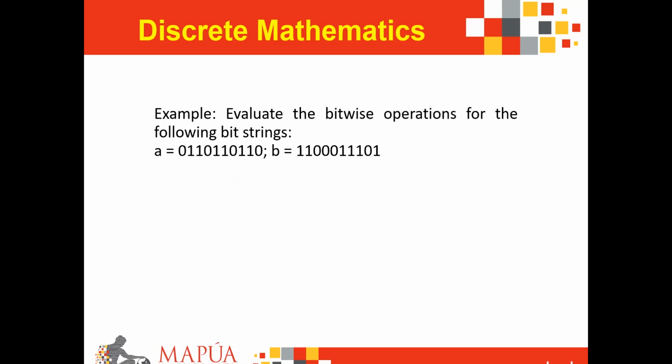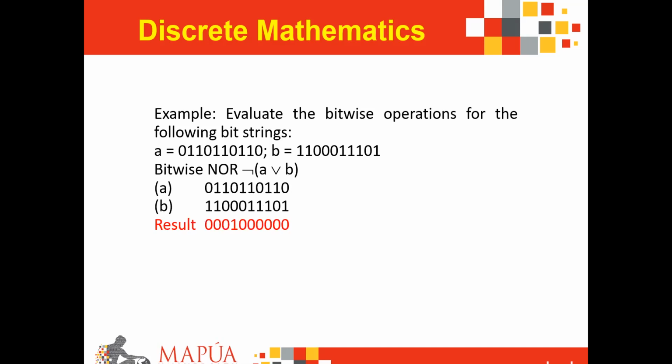In return, you could also perform them in your bitwise operations, since they are also defined using a logical truth table. Therefore, you could perform the bitwise NOR for your bit strings A and B, ending up with this corresponding bitwise NOR result.